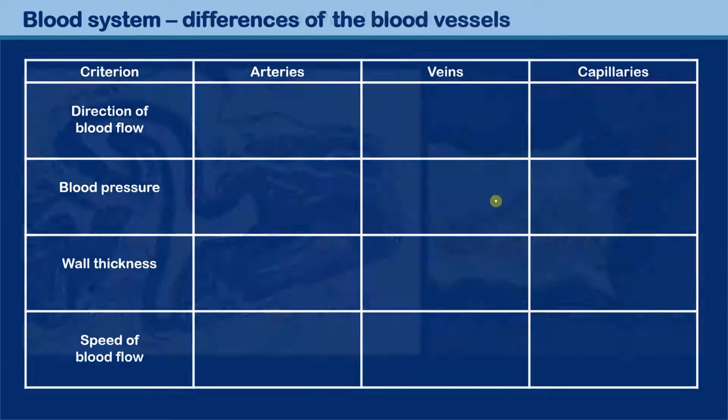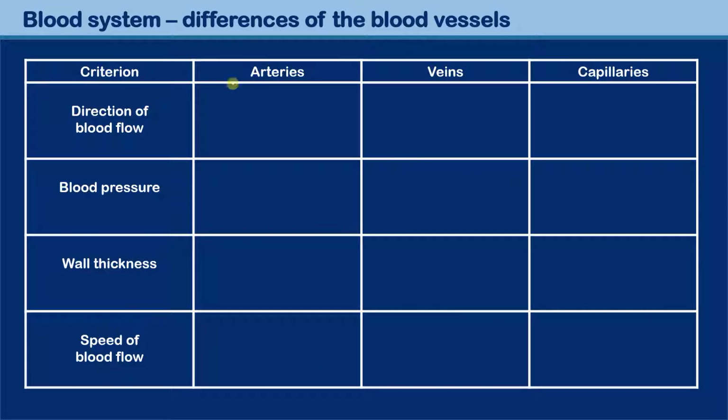Let's compare these blood vessels right now. How are arteries, veins, and capillaries defined? Arteries carry blood away from the heart. Now, please understand that this is a very short way of writing it. That's not a full definition. Blood away from heart, artery, doesn't make sense.